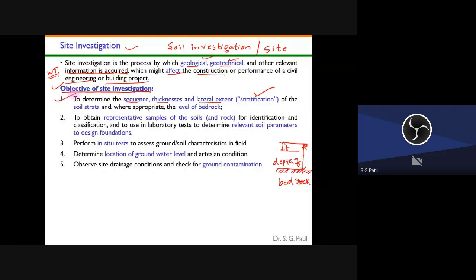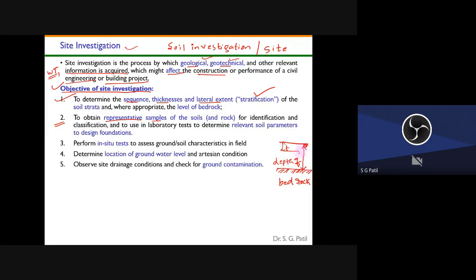Then what is the second objective? The second objective is to obtain representative samples of the soil and rock for identification, classification, and use in laboratory tests to determine the relevant soil parameters. What do you mean by that? As I explained in my previous slide, you have to collect the soil sample at different depths.